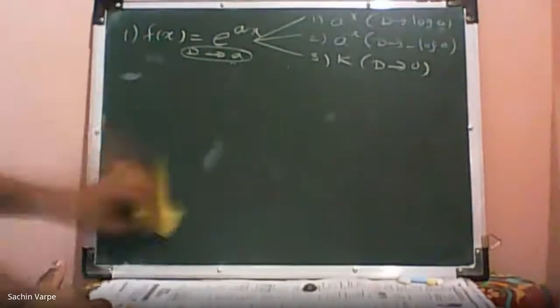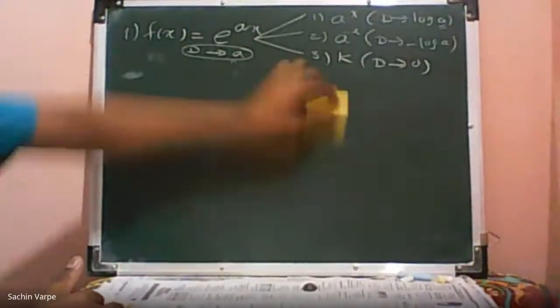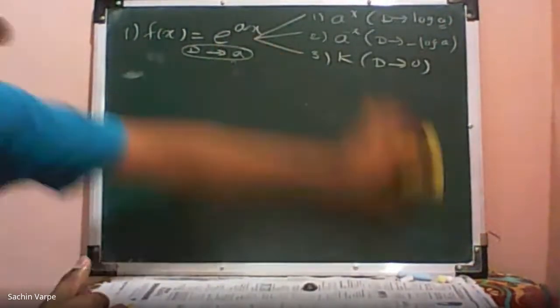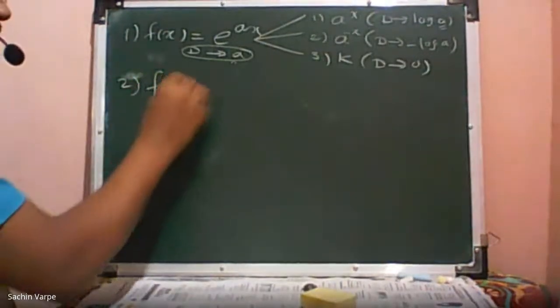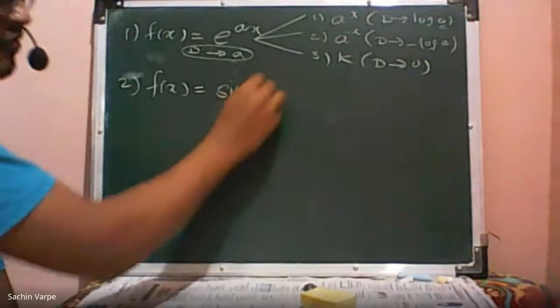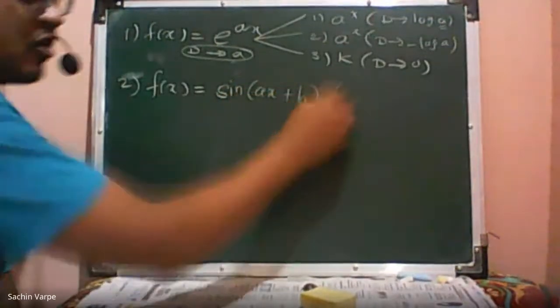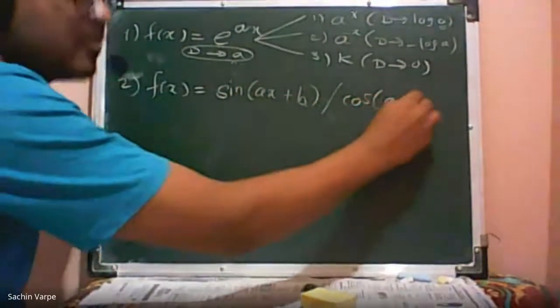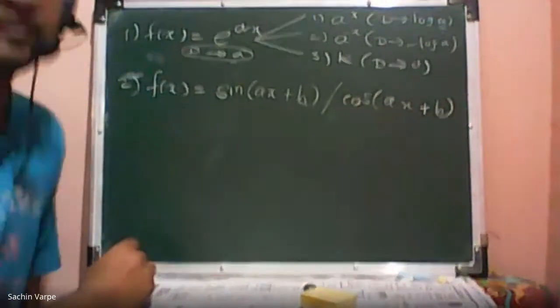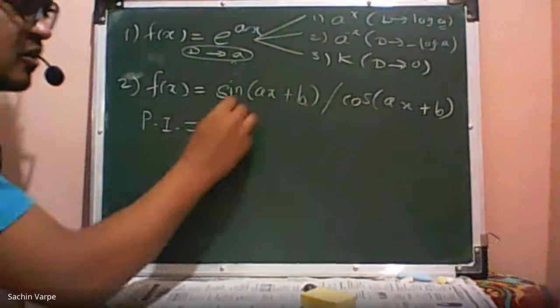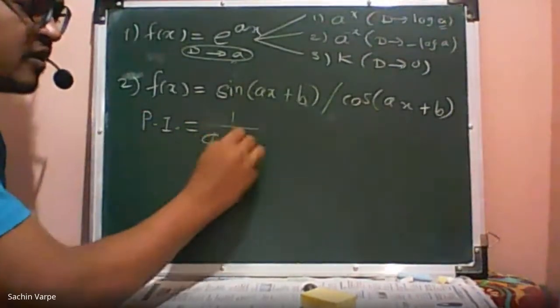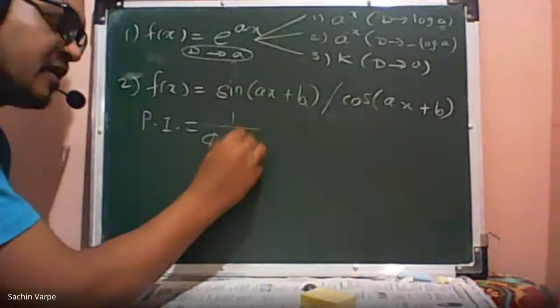Then we have discussed the second case, a trigonometric function, sine and cos. That is, when f of x, the right hand side function, is sine of a polynomial function ax plus b or cos of ax plus b, then we have discussed the formula to find the particular integral PI is equal to 1 upon phi of D. But this phi of D we are writing in terms of D square.